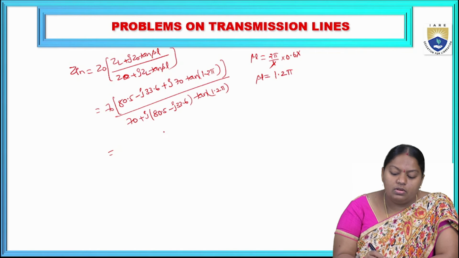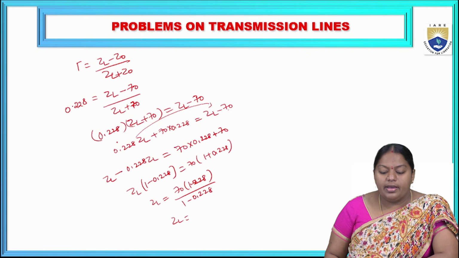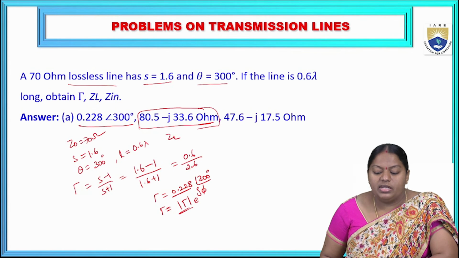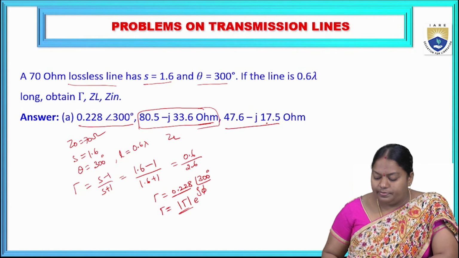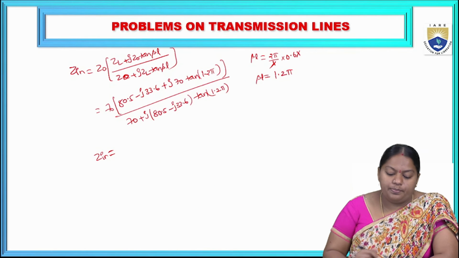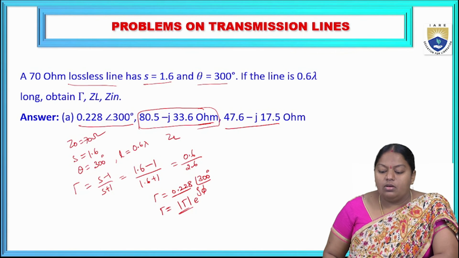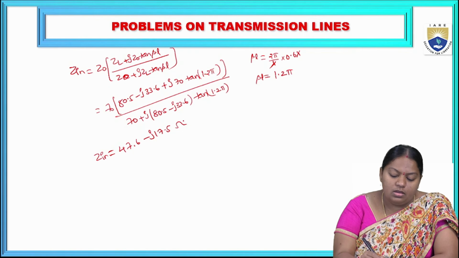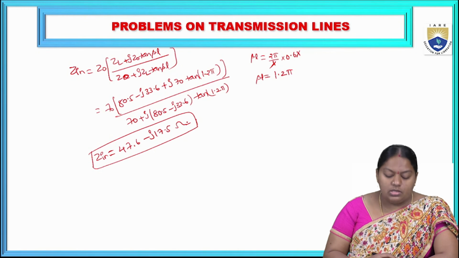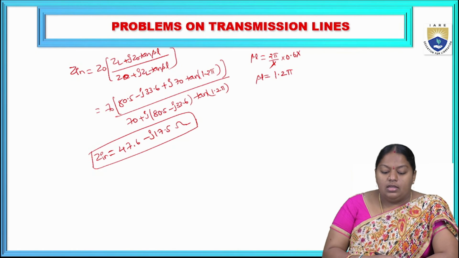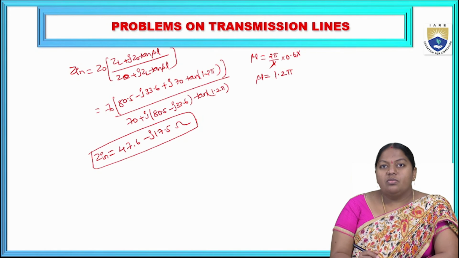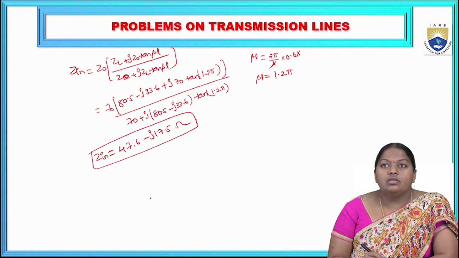So if you evaluate the complete equation, the input impedance is obtained as 47.6 minus j17.5 ohms. Input impedance is generally measured in ohms, right? So this is the way we can solve some of the problems based upon transmission lines.